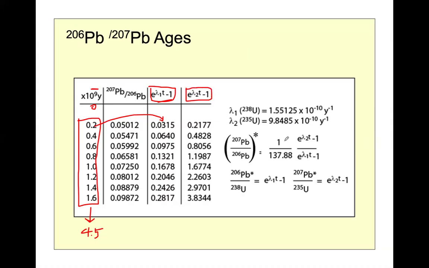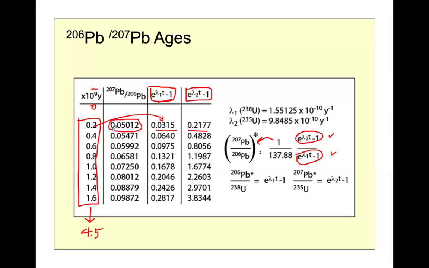So basically you will be getting this term and this term, different values corresponding to each of these time values. If you multiply the division of this one and this one by 1 over 137.88, you are getting this radiogenic ratio. The corresponding ratio for this value should be 0.05012. This is the value.